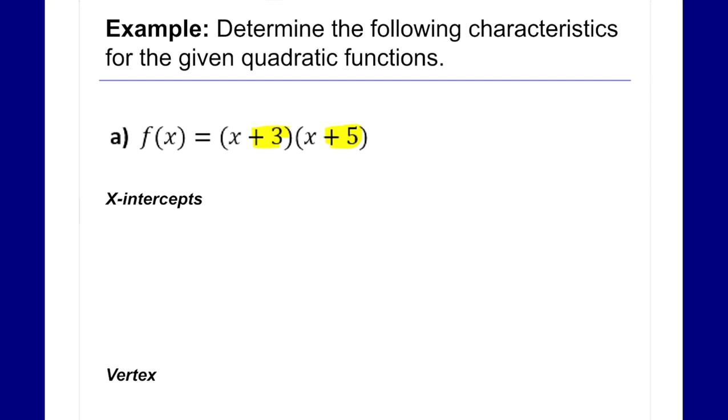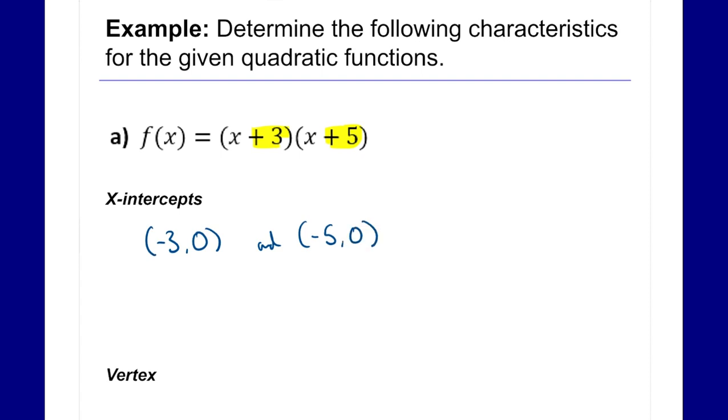However, remember the equation was x minus r times x minus s. Because we see a positive, it's actually going to be the opposite. So our x-intercepts are going to be negative 3 and 0, and negative 5 and 0.